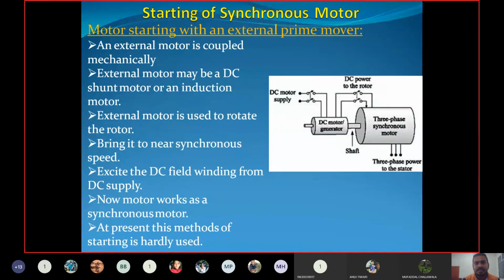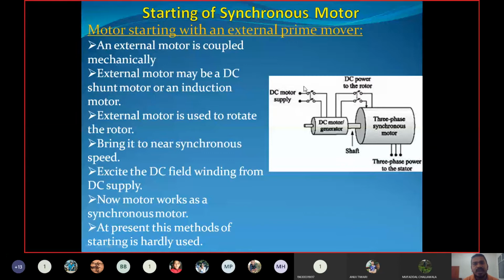Suppose a DC motor is used as a prime mover. We have to mechanically couple the shaft of the DC motor with the shaft of the synchronous motor.